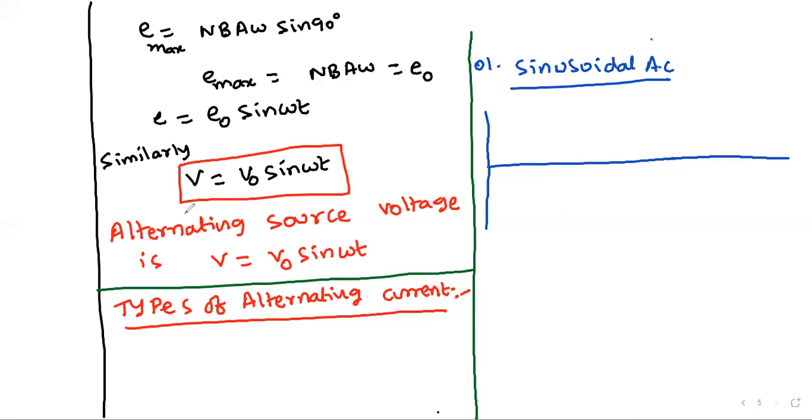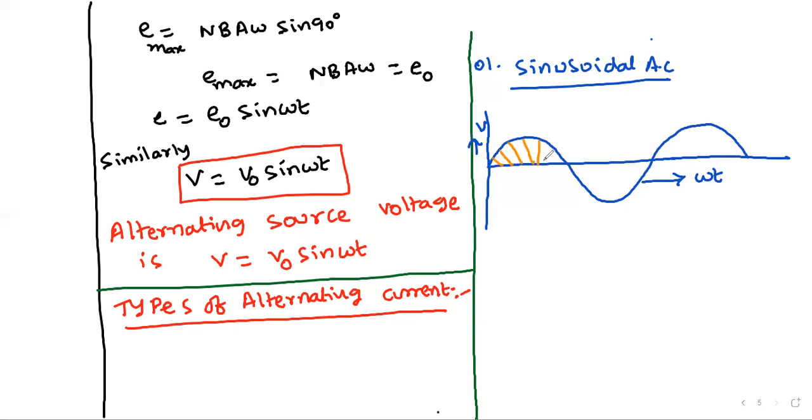Suppose I consider on the x-axis omega t, and on the y-axis the alternating voltage. Then we are having this graph.